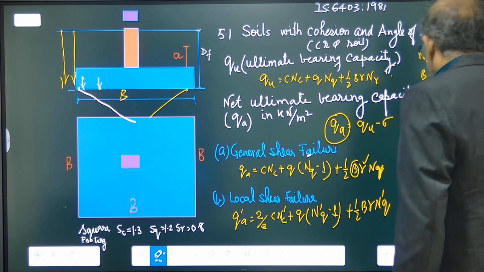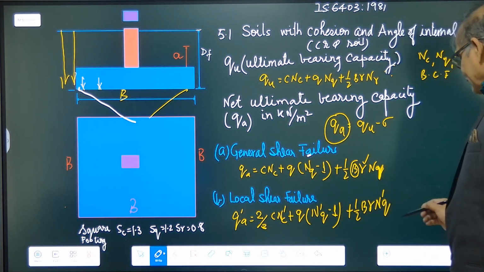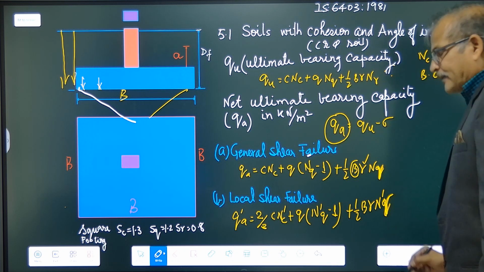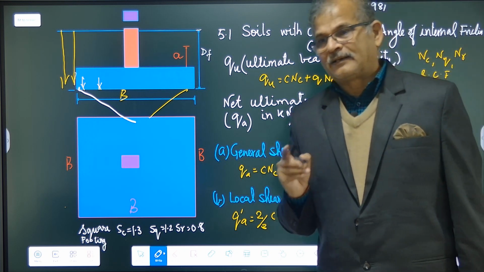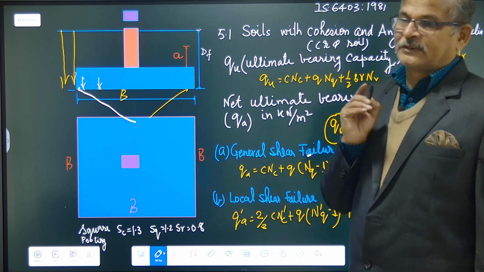This will again depend on N dash q and N dash gamma, which depend upon the internal angle of friction, which will be 2/3 of the general shear failure.